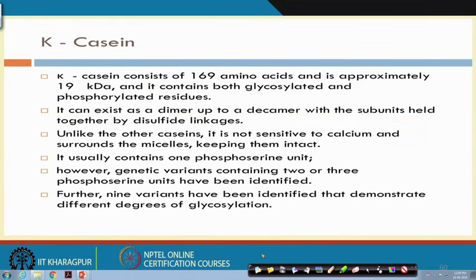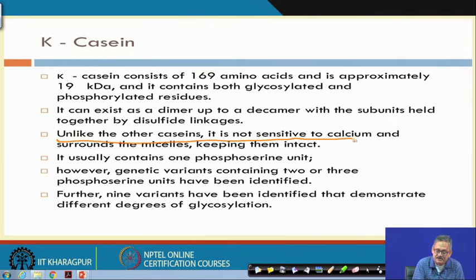Then, unlike the other caseins, it is not sensitive to calcium and surrounds the micelles, keeping them intact. The micelles we have already mentioned earlier. Perhaps in the subsequent class we can highlight the casein micelle a little, since we are again on milk protein.